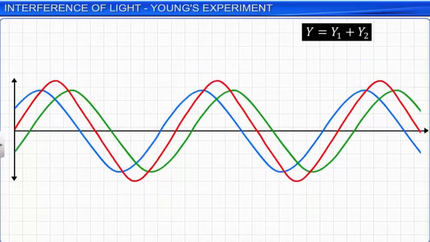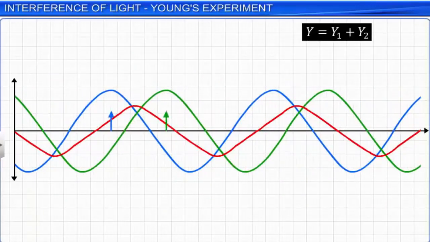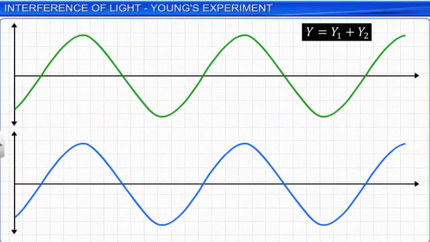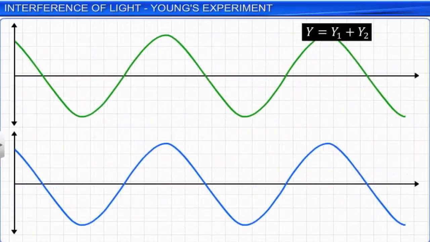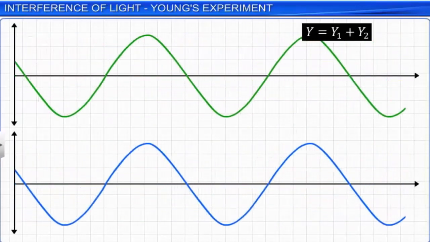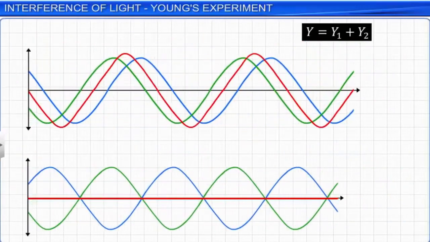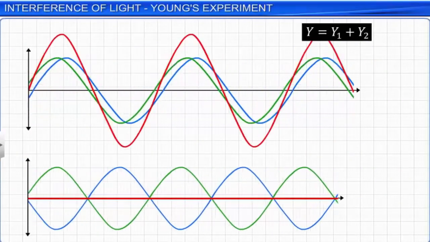For coherent sources, the waves generated by them will have the same amplitude, same frequency, and the phase difference between them is constant with respect to time. The waves from coherent sources can interfere constructively or destructively.